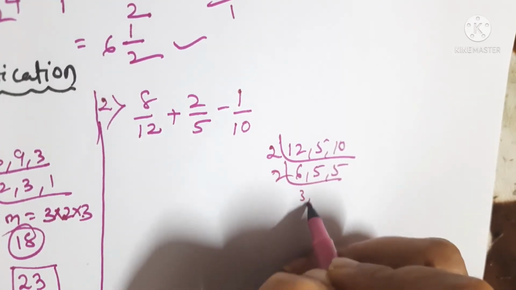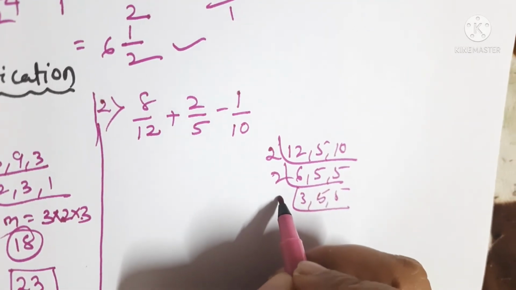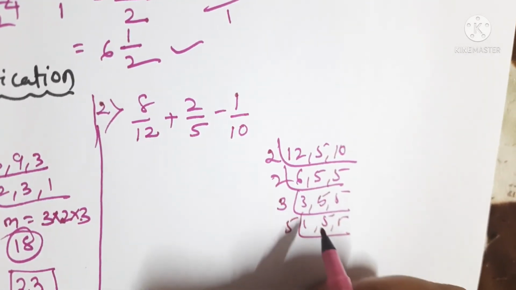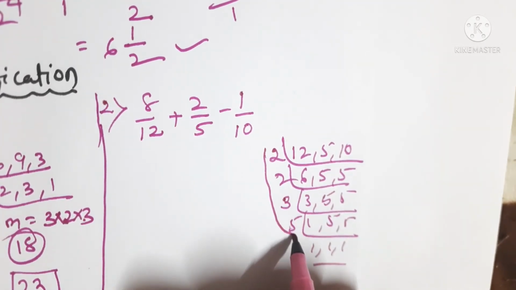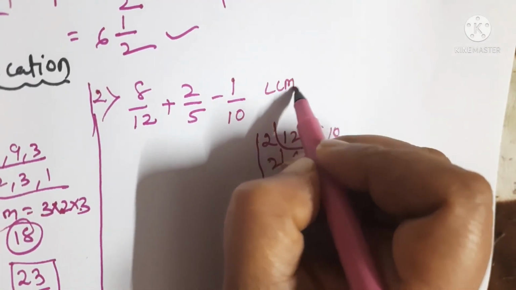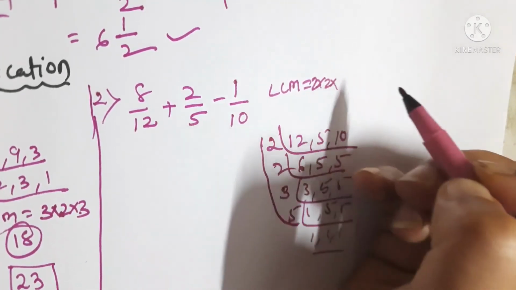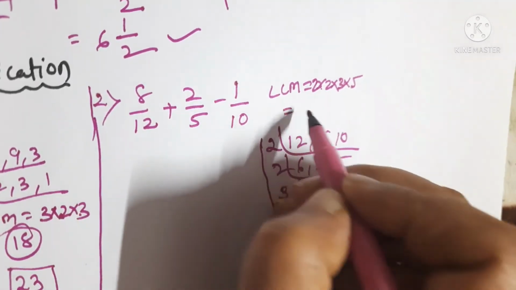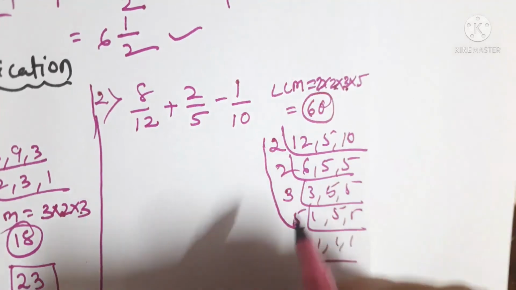Next, 2 3s are 6, 5, 5. Again with 3, 3 1s are 3, 5, 5. Now with 5, 5 1s are 5, 1s are 1. So here the LCM is 2 into 2 into 3 into 5, equal to 2 2s are 4, 4 3s are 12, 12 5s are 60. 60 is your LCM.